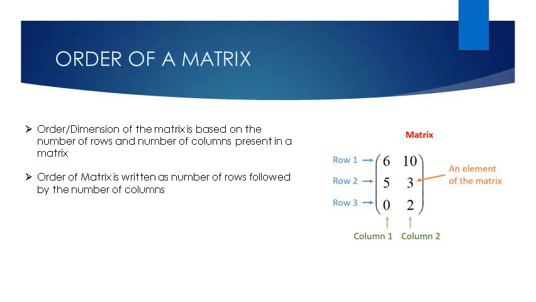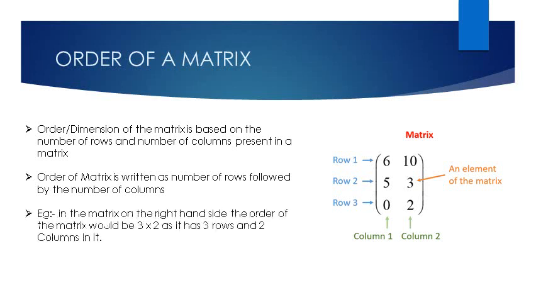That means you have to write the number of rows first, then the number of columns. So here we have 3 rows, then 2 columns. For example, for this matrix we can write the order as 3 cross 2. That means 3 rows and 2 columns.